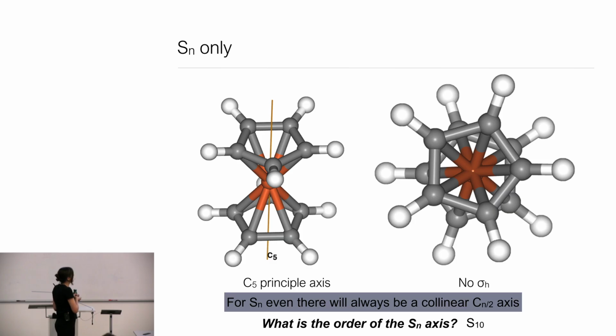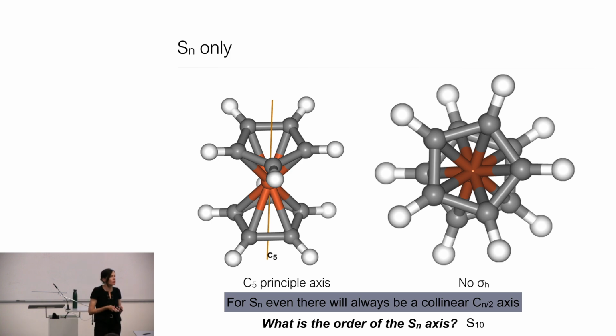For Sn even, there's always a collinear Cn over 2 axis, or a C5. These are general rules that come out of whether it is an even or odd improper axis of rotation.